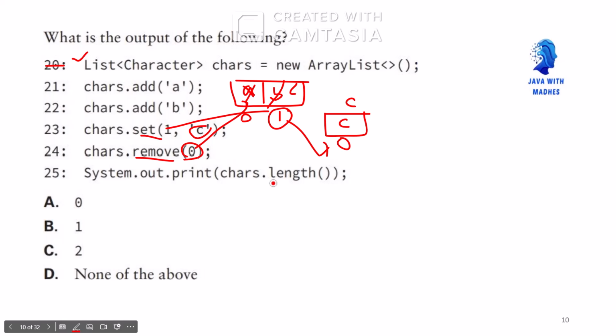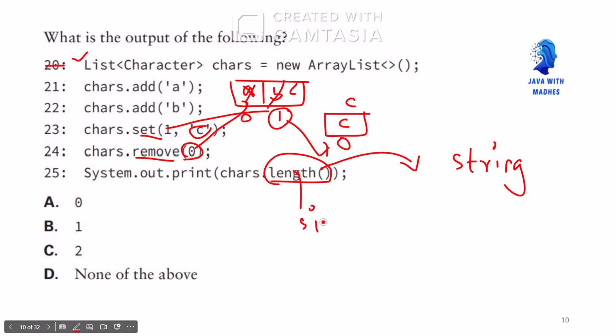Okay. Then in line number 25, we are printing the length of the list. Actually, you can apply length method to string and string builder. You cannot apply it to list. If you want to count the number of elements in the list, you have to go with the method called size.